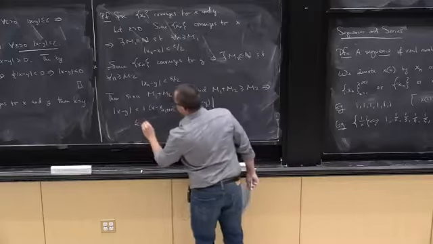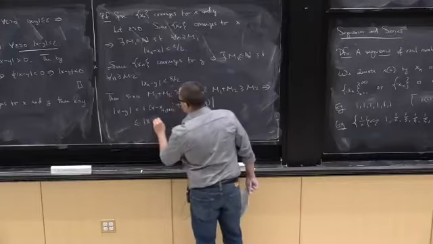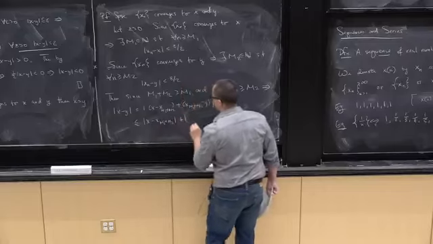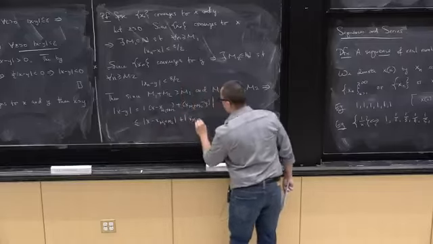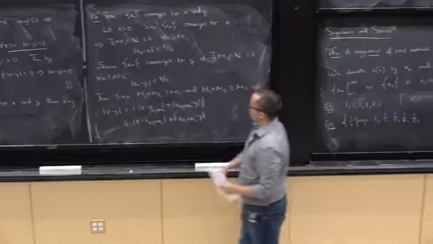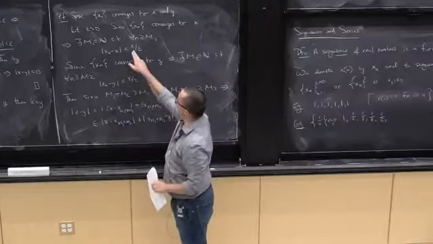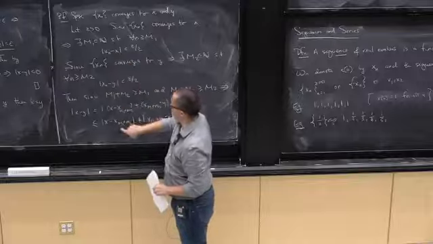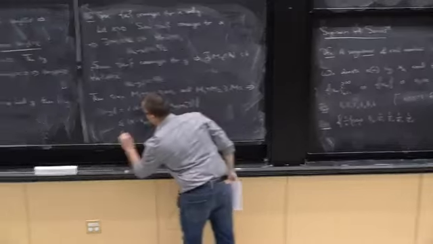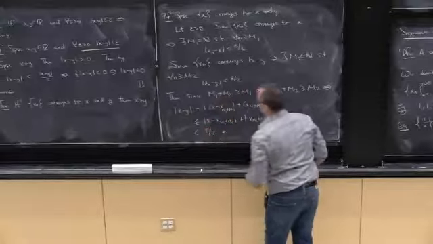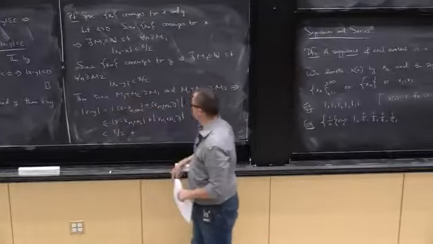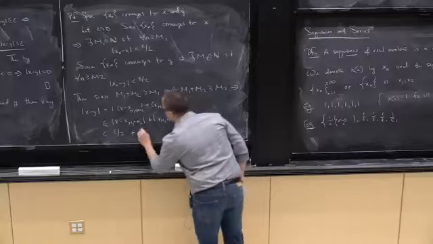Now, by the triangle inequality, this is less than or equal to |x minus x sub m1 plus m2| plus |x sub m1 plus m2 minus y|. Now, the first is less than epsilon over 2 because m1 plus m2 is bigger than or equal to m1. And for the same reason, since m1 plus m2 is bigger than or equal to m2, the second is less than epsilon over 2.